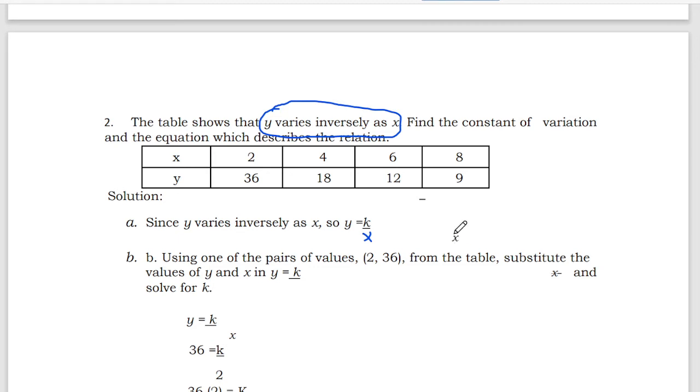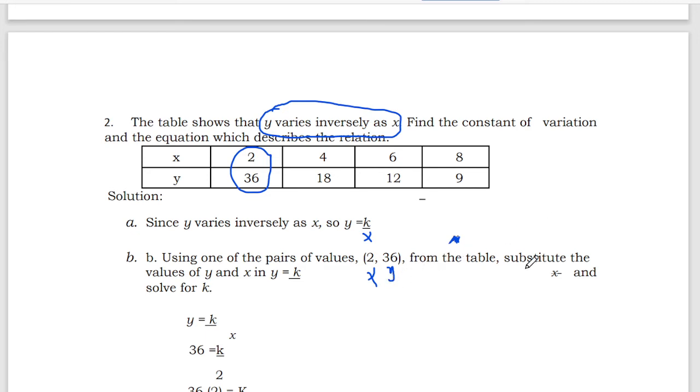So y varies inversely as x, which is written in this way. Using one pair of values, you can use any pair here, but based from this example, you will only use one pair, which is 2 and 36. This is the value of x. This is the value of y.